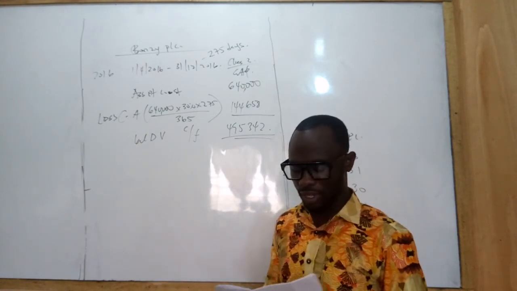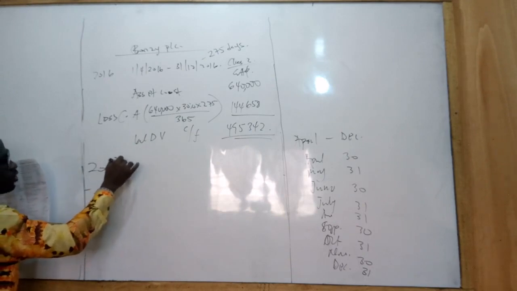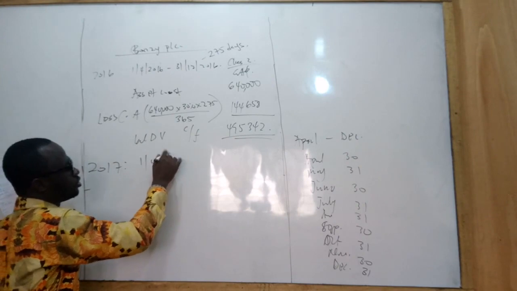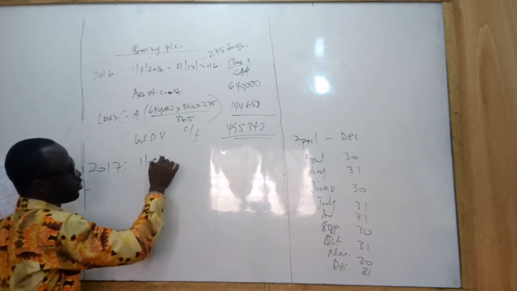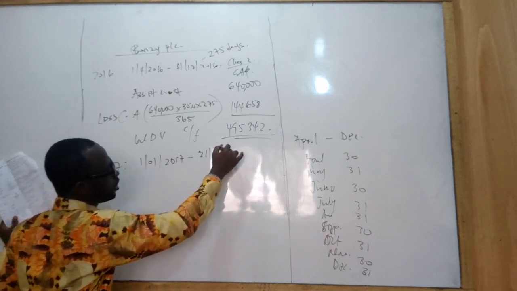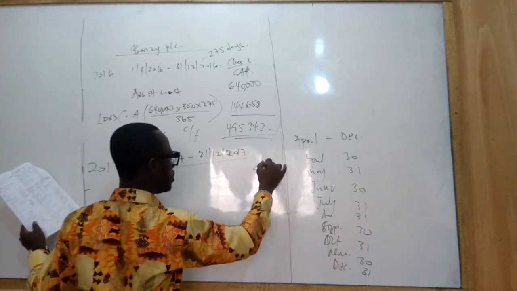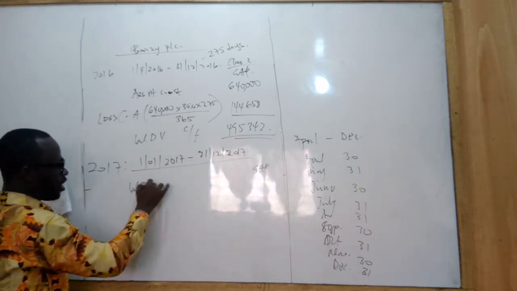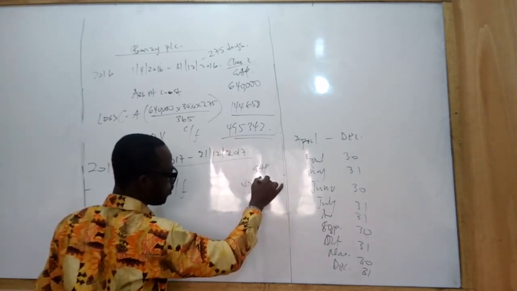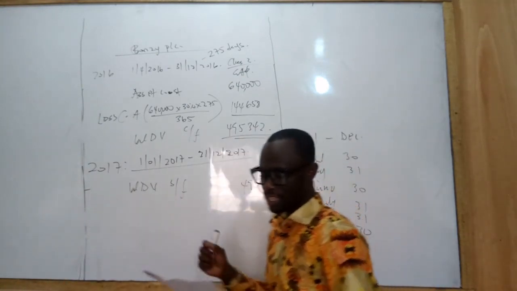Then let's see what happens in 2017. In 2017, that is going to be 1st January 2017 to 31st December 2017. So we're going to bring the written down value brought forward, and that is 495,342. Now in 2017, something happened.